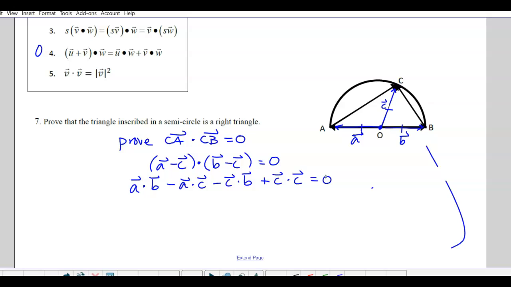I just kept them in the order. We can switch the order if we need to.